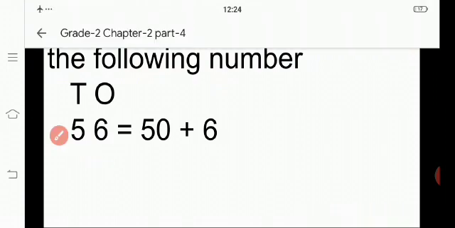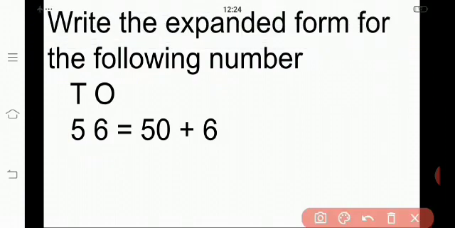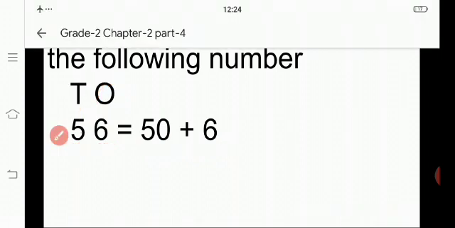Do you remember it, children? We always start from the ones. So, shall we write 6? What is the position of 6? Ones. Then what is the position of number 5? Tens. So, shall we write 50 plus 6? This is the expanded form of the 56. Are you clear, children? Shall we move on the next one?